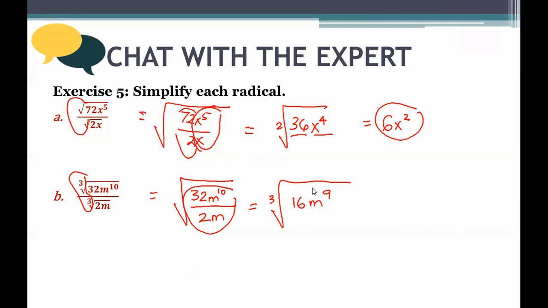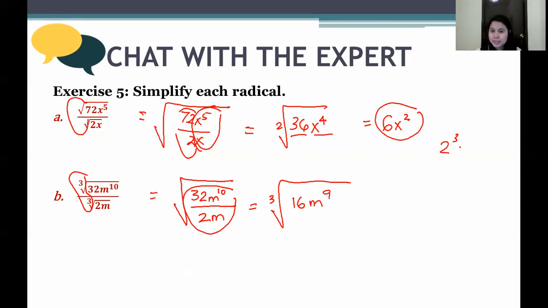What's the cube root of 16? Let me write again. 2 cubed is 8. 3 cubed is 27. There's no cube root of 16. But I can write 16 as 8 times 2.